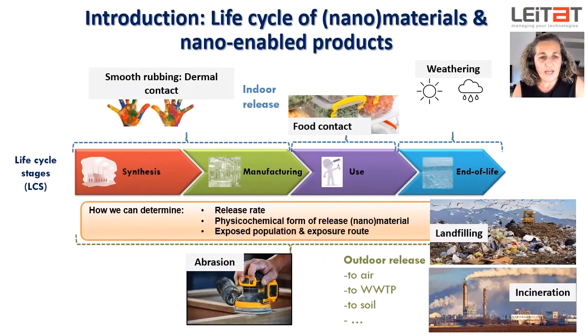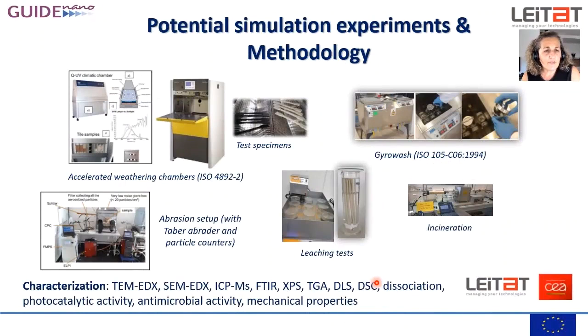materials. For that, I showed you here some of the examples of processes that are simulated in the lab, some of the instruments that we are using, instruments in which we follow standard procedures to determine what is the release form that gets emitted during the processes that take place during weathering, for example, during washing, during the use phase, these processes, abrasion processes, leaching and incineration that will simulate the end-of-life processes.